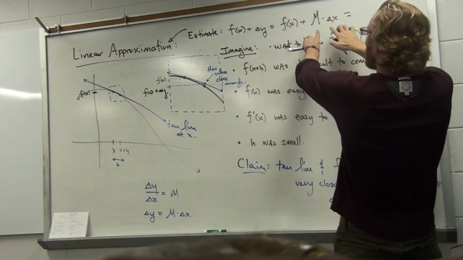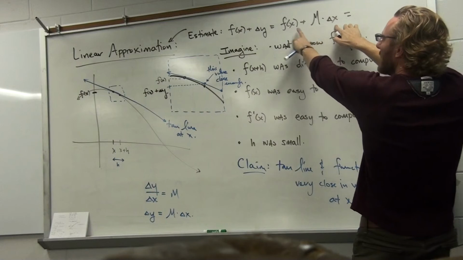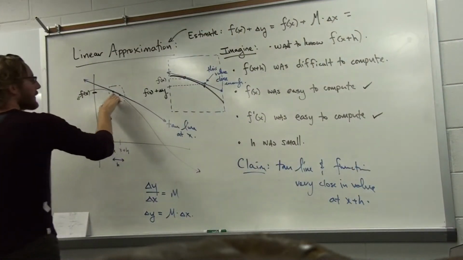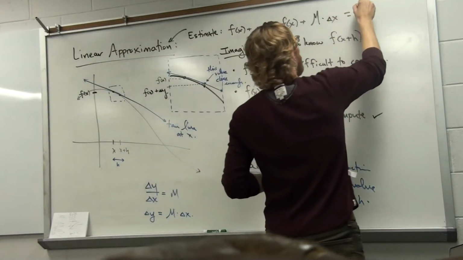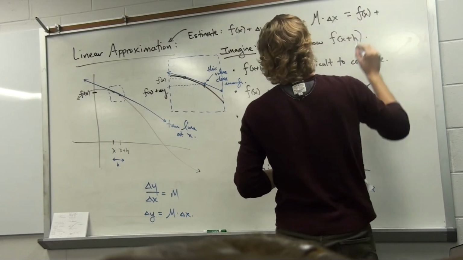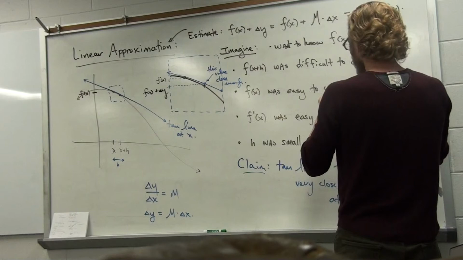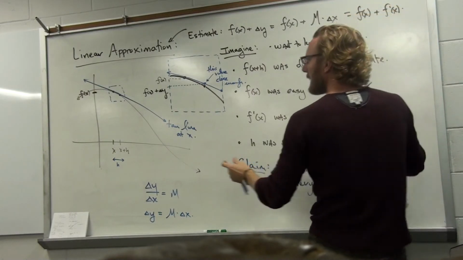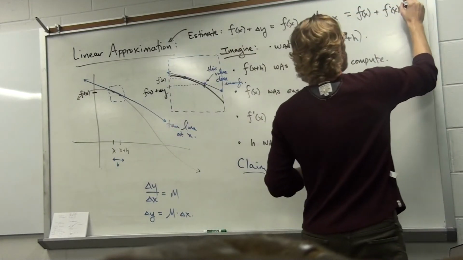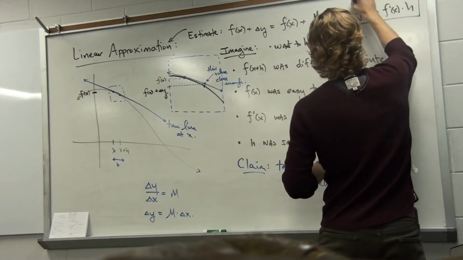Well, let's think about this though. What is our m and what is our delta x? We know our f of x is just our function value at our point of interest. Our m is our derivative. Our delta x, how far we moved along the x-axis, that is our h.